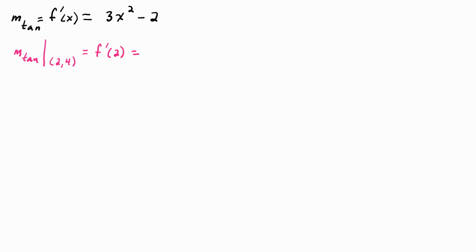When we plug 2 in for x, we have 3 times 2 squared minus 2, which is 4 times 3, which is 12, minus 2 is 10. So now we know that our slope is equal to 10.